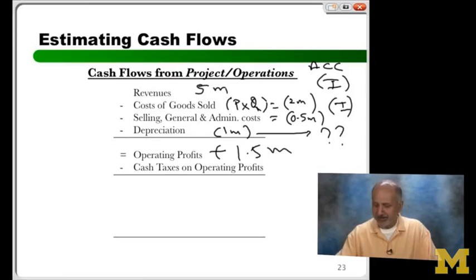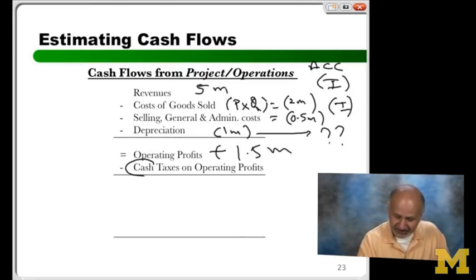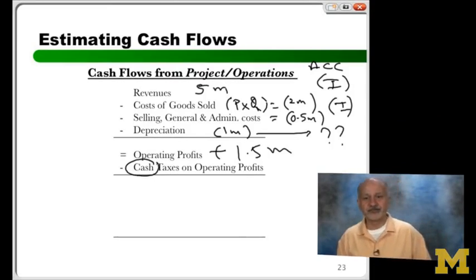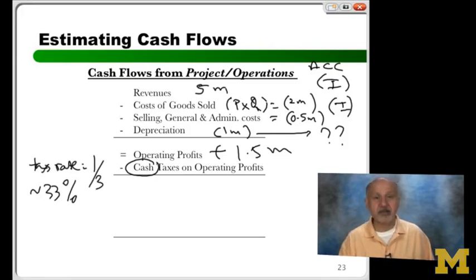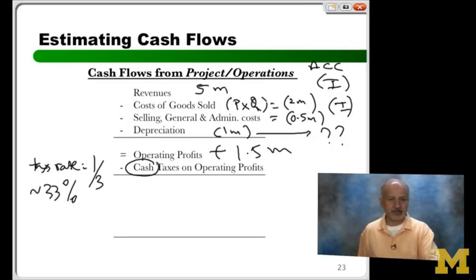Taxes. And remember, what am I emphasizing in taxes? Cash. So I'm going to assume for convenience that your tax rate is 1/3 or about 33%. Why am I choosing this? Because it makes my life simple.